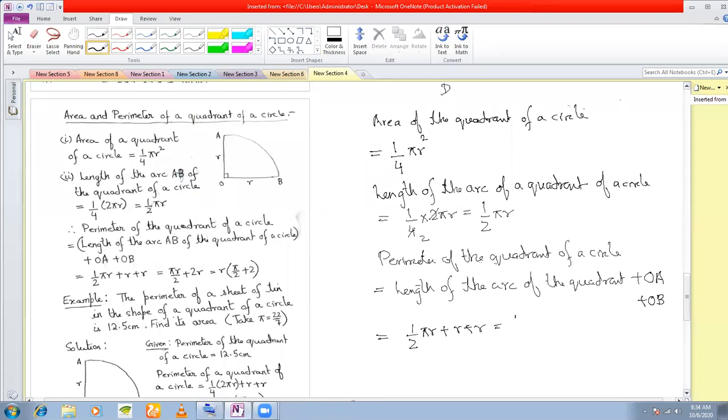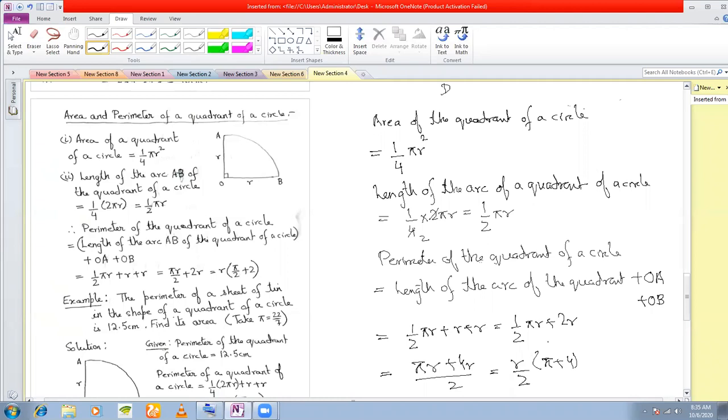What you get here is 1/2 pi r plus 2r. Now you can write it in various forms. You can take the LCM here: you get (pi r plus 4r) by 2, and you can take r by 2 common and write it as r by 2 into (pi plus 4).